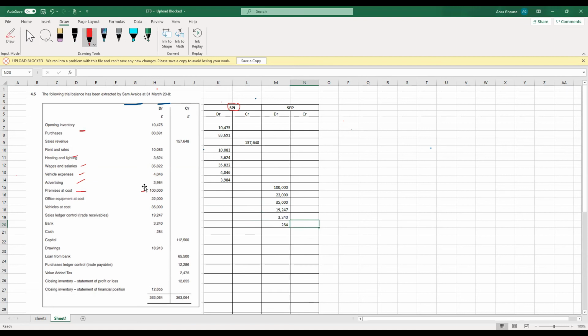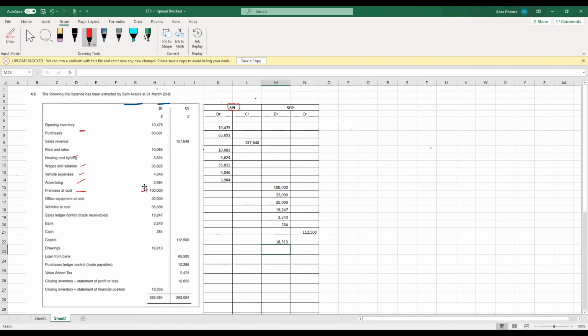Then you have capital. It's a credit balance, so therefore, in the statement of financial position. Then drawings is a reduction in capital, so we just debit this account. In the financial position, we show it as a debit balance in the equity account.